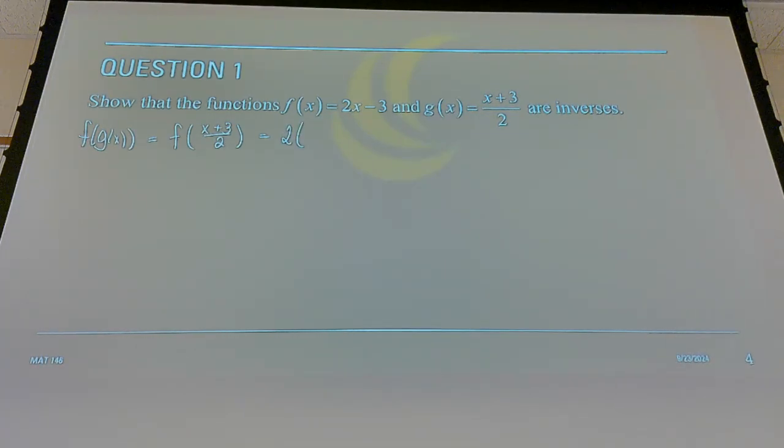In the definition for f, replace x with x plus 3 over 2.